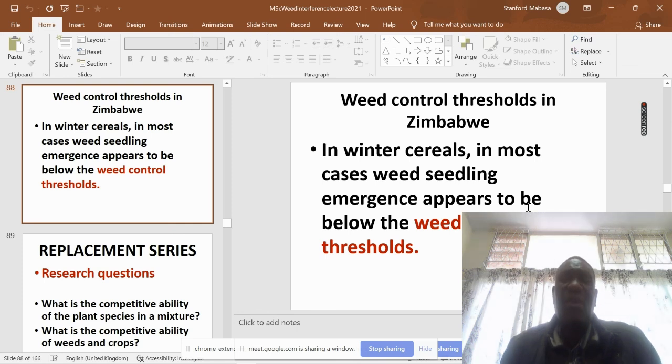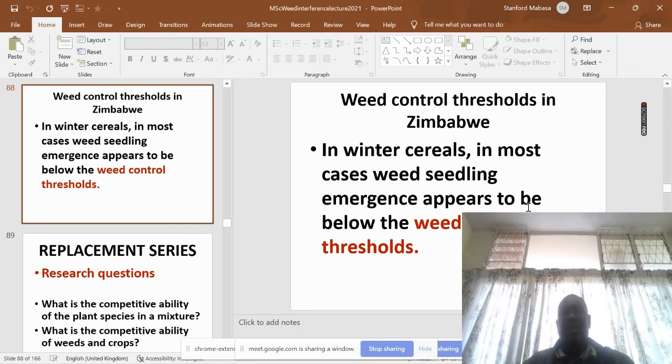They can get away with it in wheat because probably the weed control thresholds are not reached, especially in the high veld. Probably it's something to do with frost, which may kill some of these weed species.